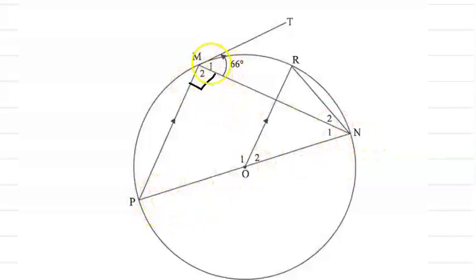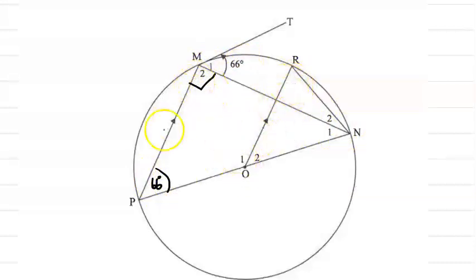M1 is equal to 66 degrees, which means that the angle between the tangent MT and the chord MN is equal to the angle in the alternate segment. So therefore, this chord subtends the angle at the circumference, which is 66 degrees. So that's tan chord. And also here we got parallel lines.